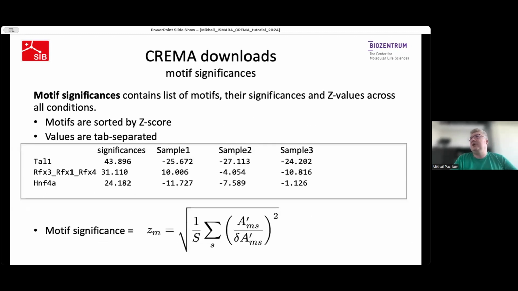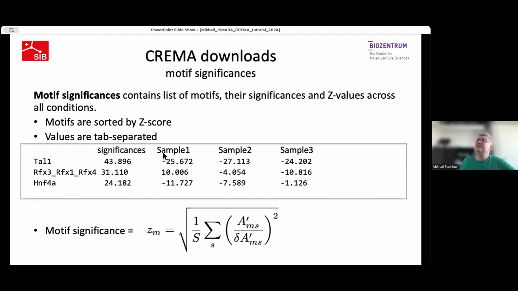Finally, we have a motif significance table, and it's a bit different from what we have in ISMARA. It's extended in the sense that it includes a column of motif names, then a column of significances, and this table is pre-sorted by significances, so the most important motifs are at the top.